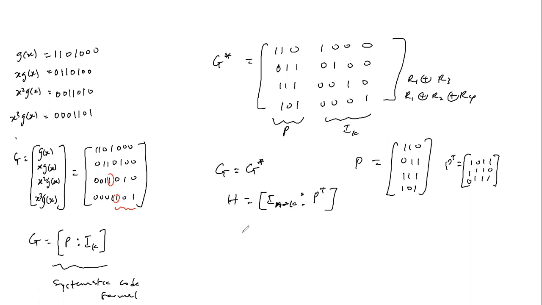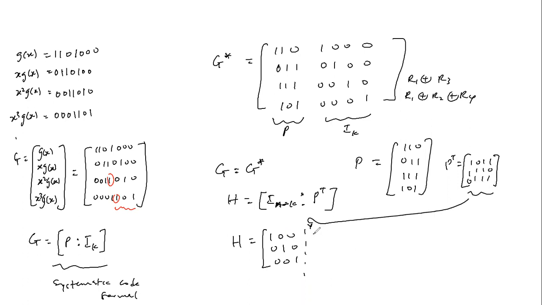So in this format, we now know we're going to get a 3 by 3 identity matrix: 1, 0, 0, 0, 1, 0, and 0, 0, 1. That's that. Then the parity matrix comes in.